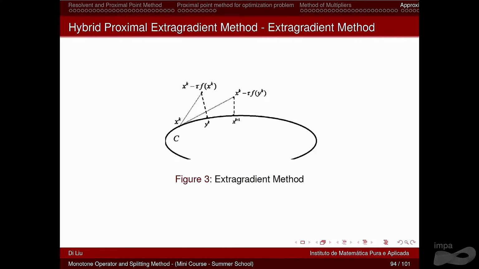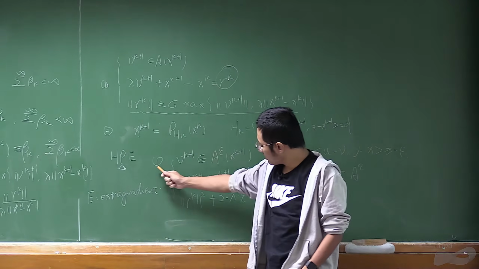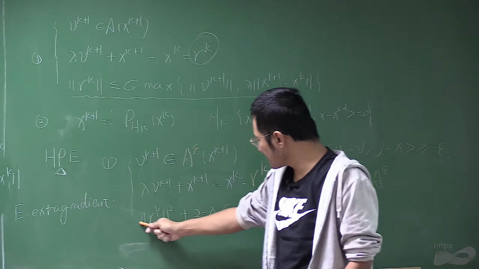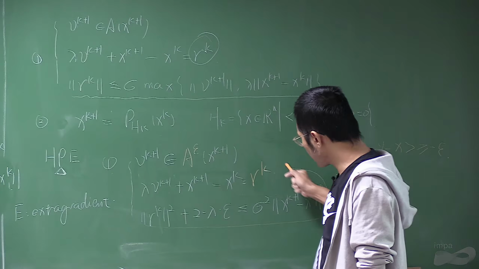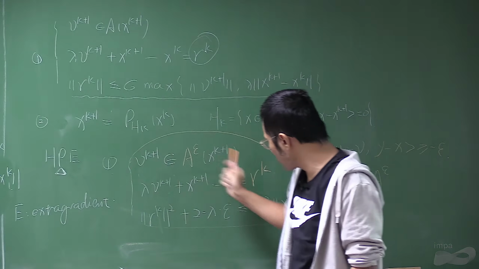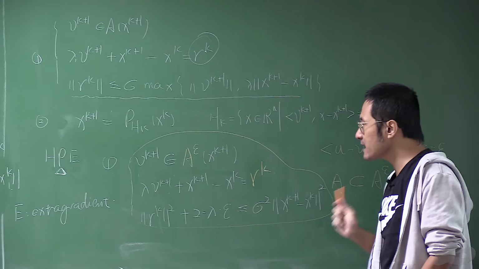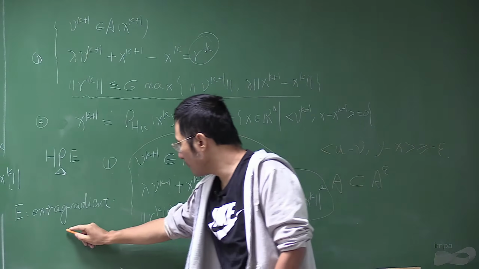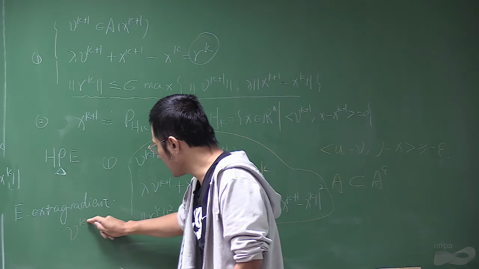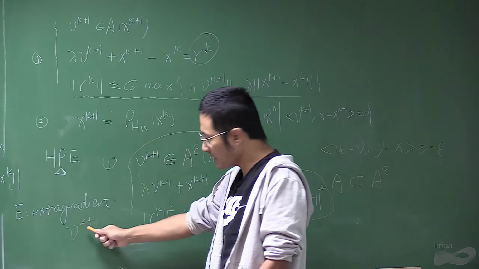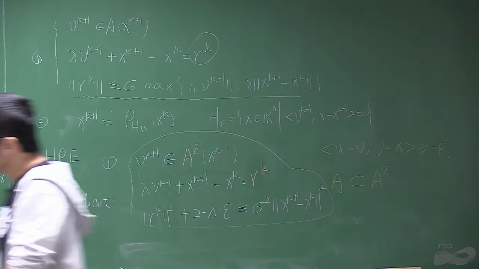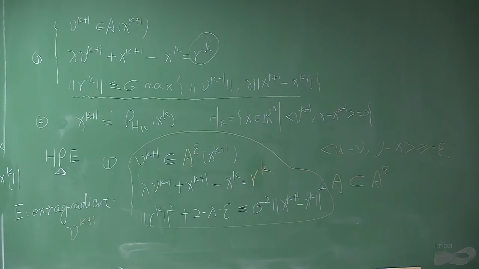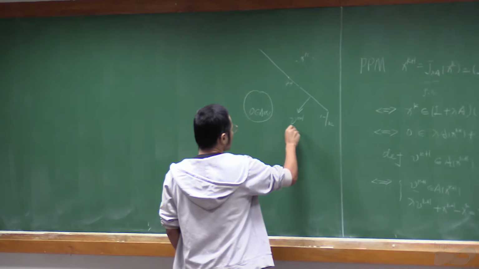The idea here in the HPE is the same. In the first step, we solve this proximal system with errors, and it gives us a vector vk plus 1. This vk is similar to the vk here.